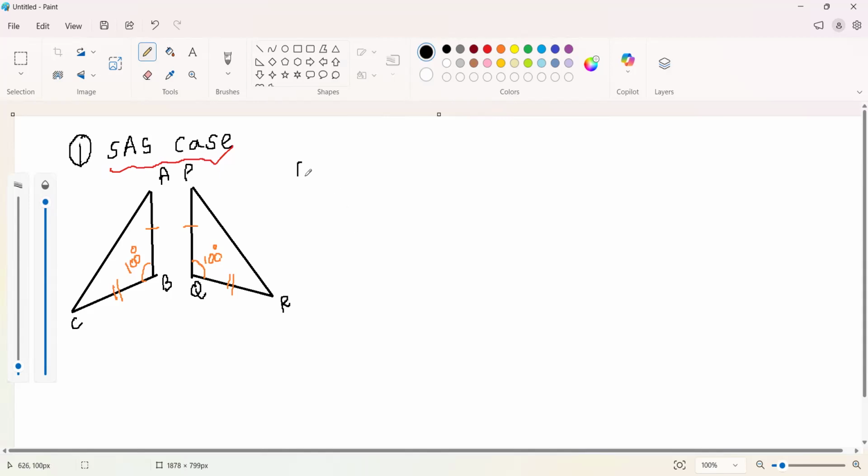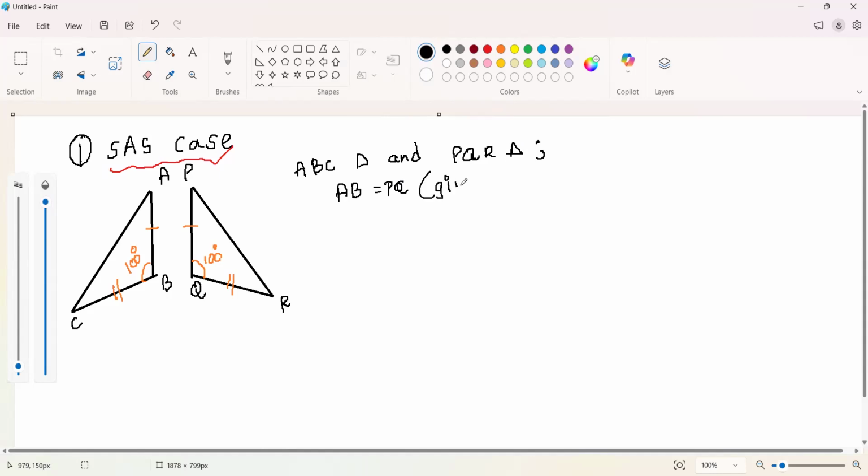You can write there, if they have two sides and the corresponding angle like here. What are the triangles there? ABC triangle, and the other one, PQR triangle. If you consider ABC and PQR triangle, what can you say? Here AB side is equal to PQ side. It's given here, no?